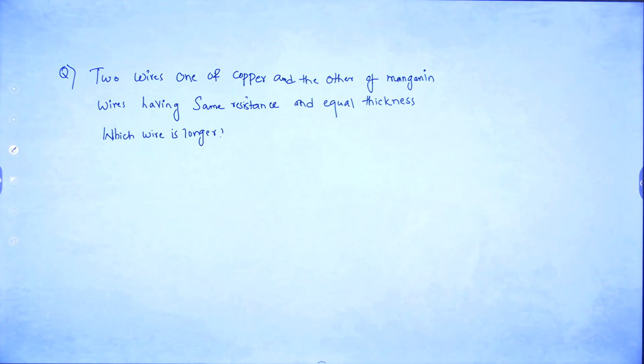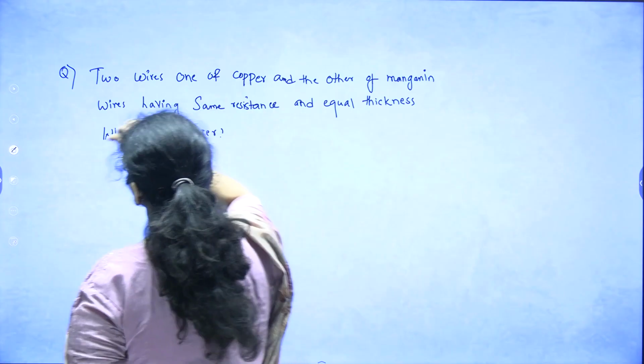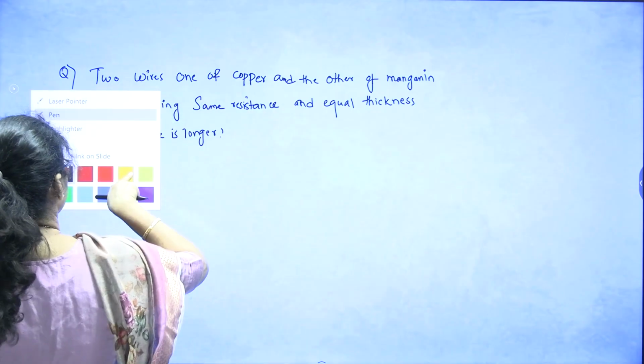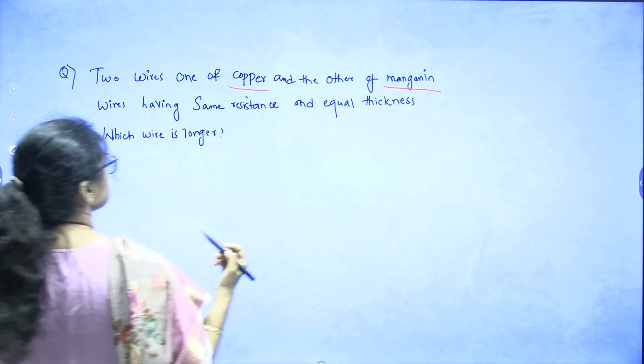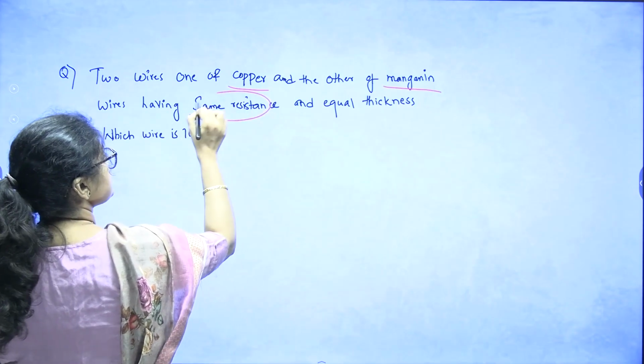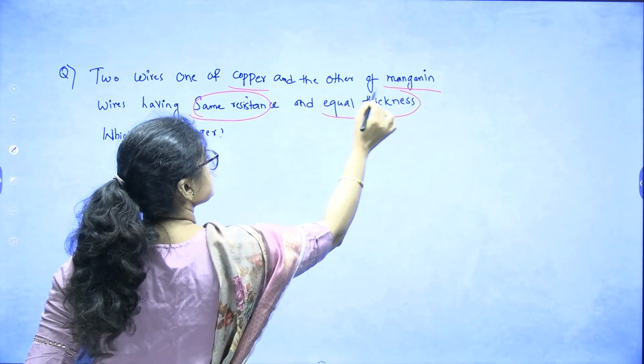Alloy you will study in materials also. Manganin is an alloy material. First read the question carefully. So 2 wires they have given, one is copper and the other is manganin, having the same resistance, very important, and equal thickness.